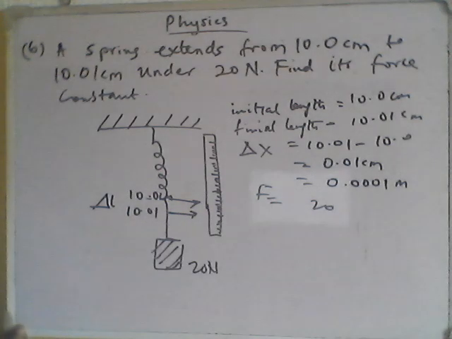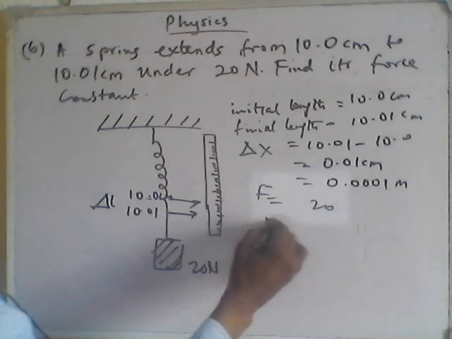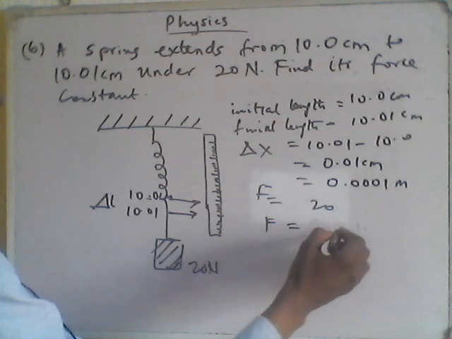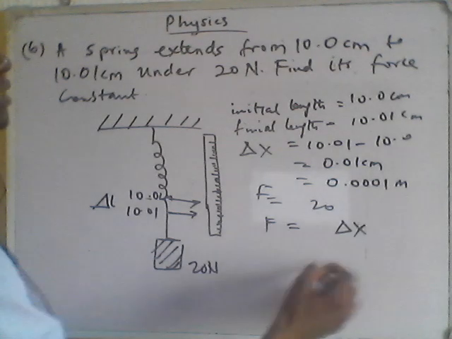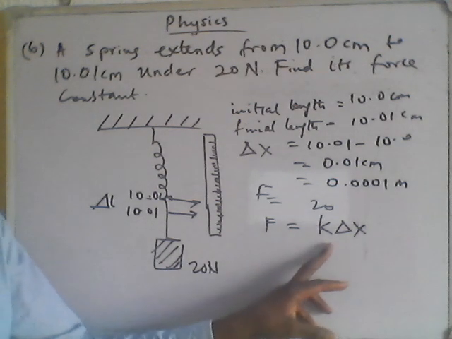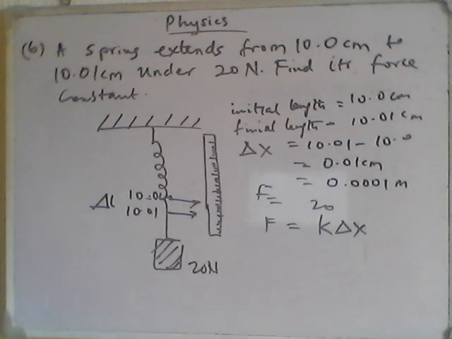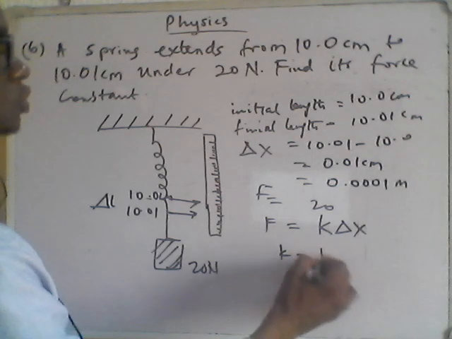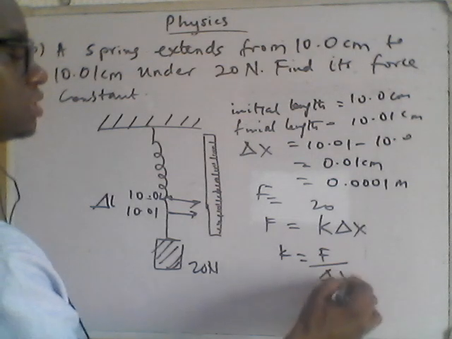Now, Hooke's law states that the force F is directly proportional to the change in length, provided K is constant. That K is what we're looking for. That is the elasticity limit. We have the applied force as 20 Newton. So I can make K the subject of the formula. K is equal to F over change in length.